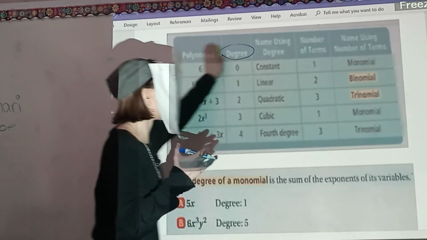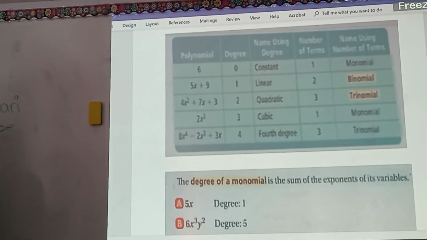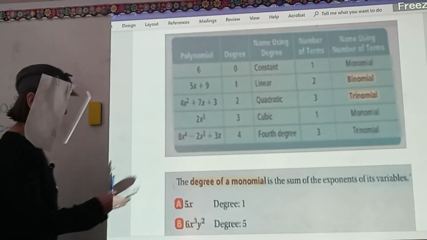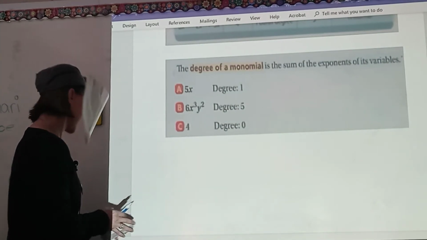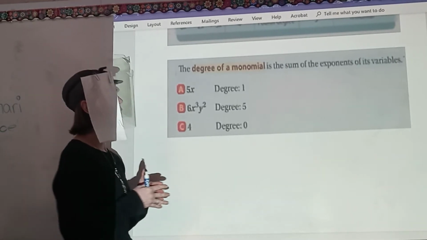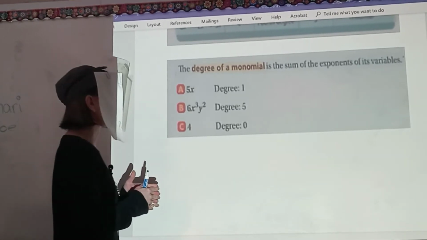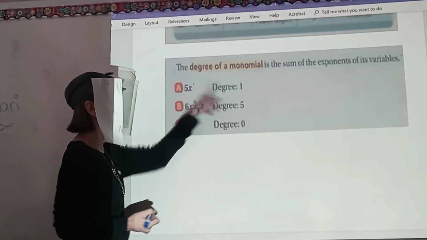Another piece to the puzzle that we have to understand. Again, the degree of a monomial is the sum of the exponents of its variables. Even though it's not there, you know there's a 1 there, so the degree is 1.